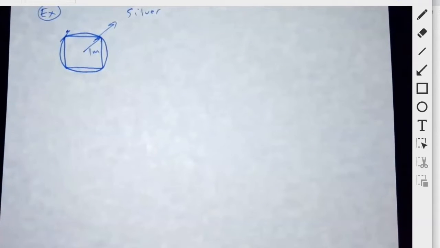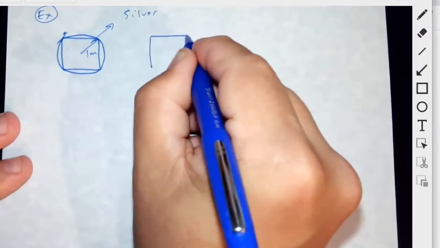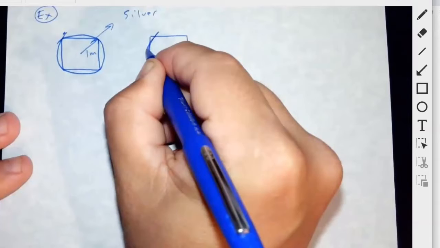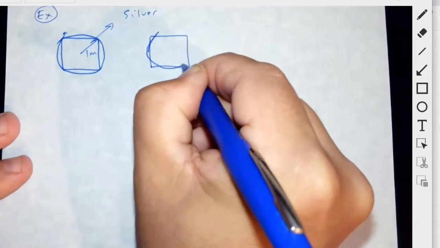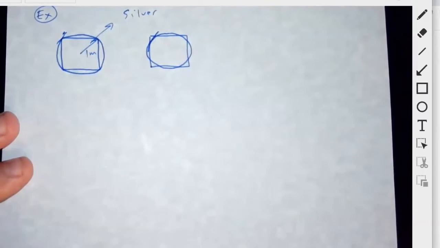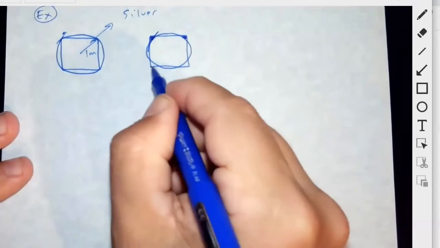So when I heat both of them up, what's going to happen? At the end, do I expect them to look like this? In other words, do I expect the square to bulge out of the circle?